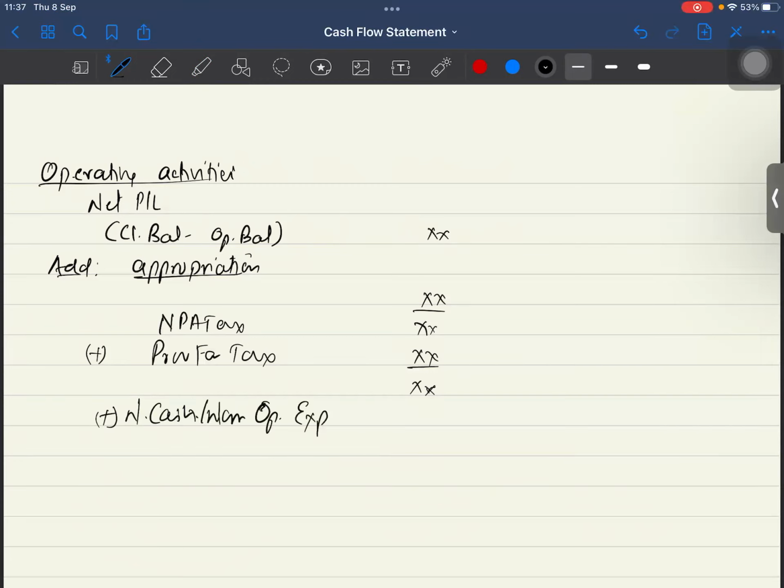Expenses will be added and non-operating incomes will be subtracted, that's common sense now, right? This is called funds from operations. Won't that be net profit before tax? Yes, after adding, the net profit before tax.